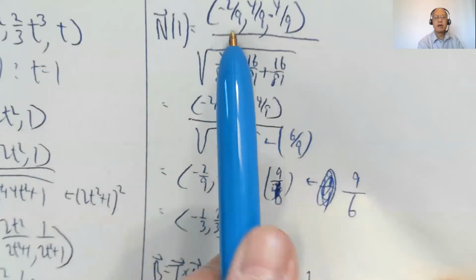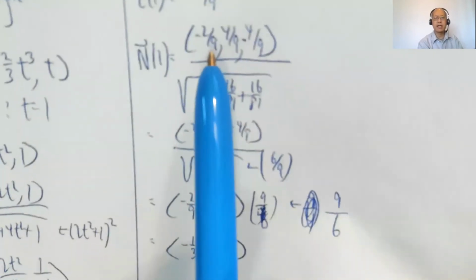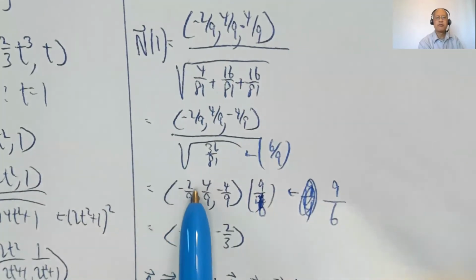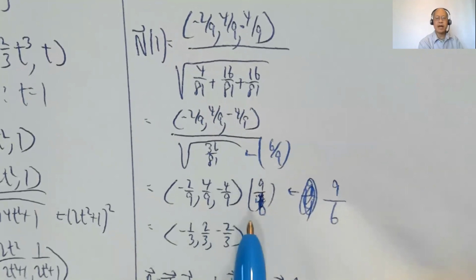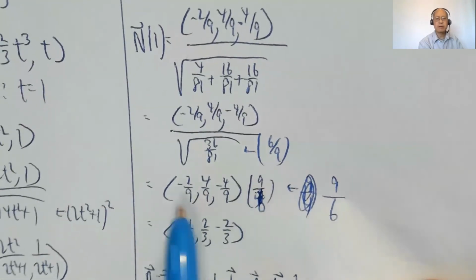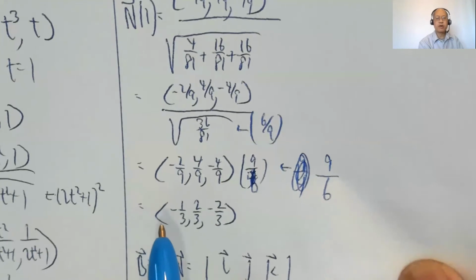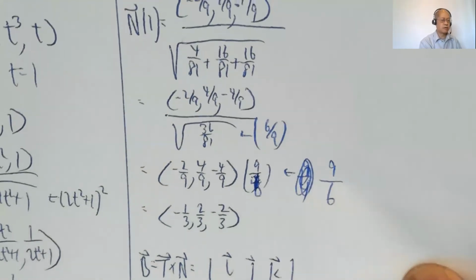So I'm dividing this by 6/9, which means I'm multiplying by 9/6. So -2/9, 4/9, -4/9 times 9/6. All the 9s drop out. Okay, so I get -1/3, 2/3, -2/3.